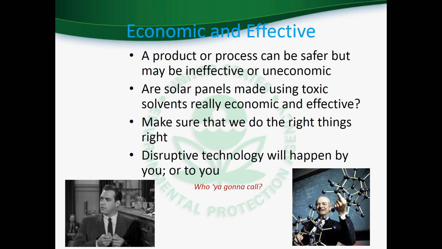So an example of ideas where the right idea was done incorrectly are solar panels made using toxic solvents. Is that really economic and effective? We need to make sure we're doing the right things right. In disinfecting water supplies with chlorination, it results in chlorination byproducts. We need to think beyond that.